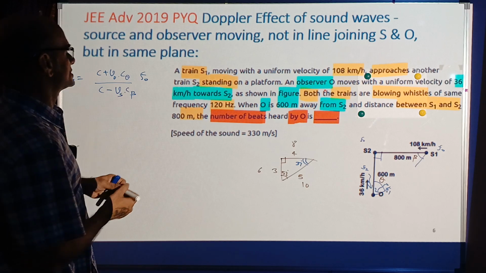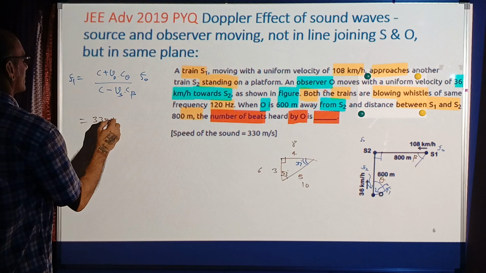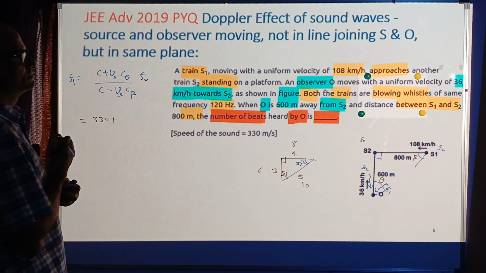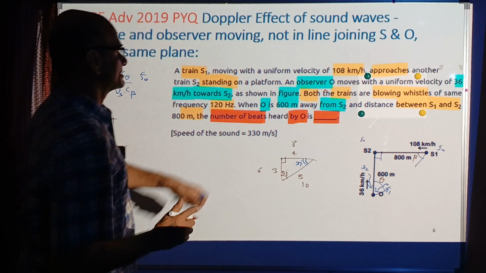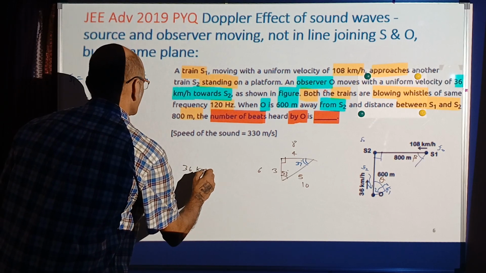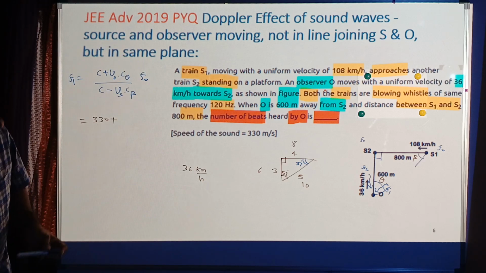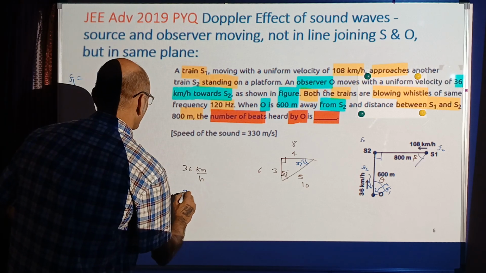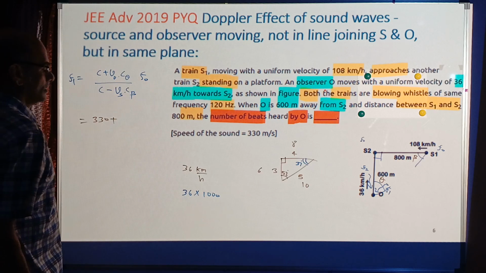So velocity of sound is 330 plus velocity of observer, 36 kilometers per hour. So this 330 meter per second. So 36 kilometers per hour, if I convert to meter per second, it will be 36 into 1000 per hour.